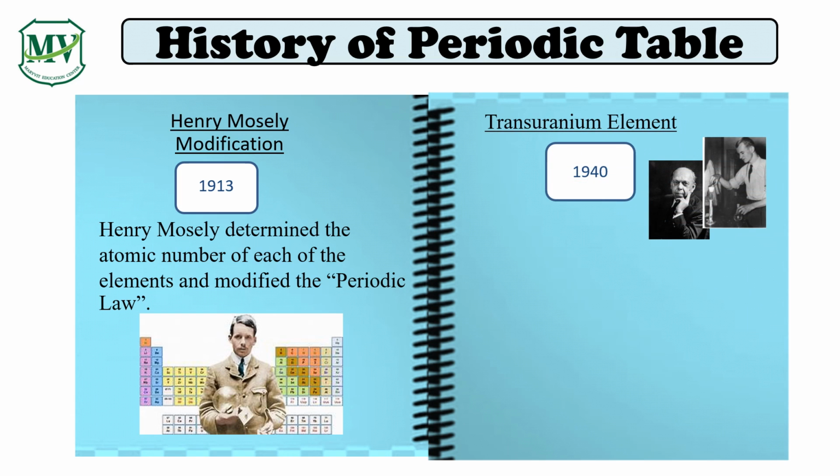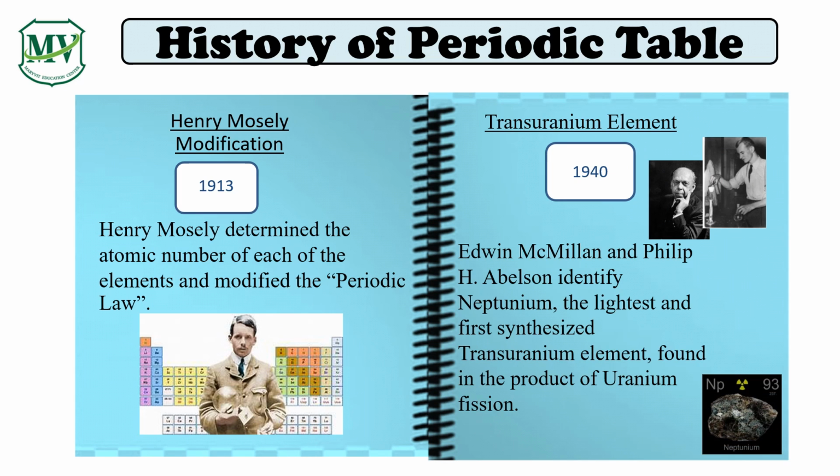And in 1940, Edwin Macmillan and Philip H. Abelson identified neptunium, the lightest and first synthesized transuranium element found in the product of uranium fission.